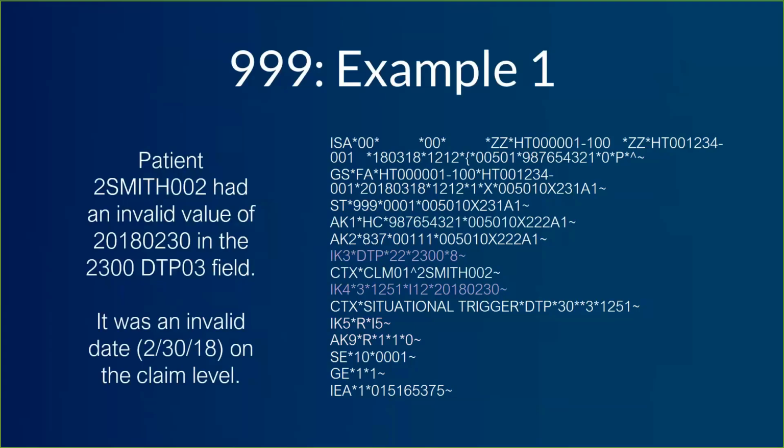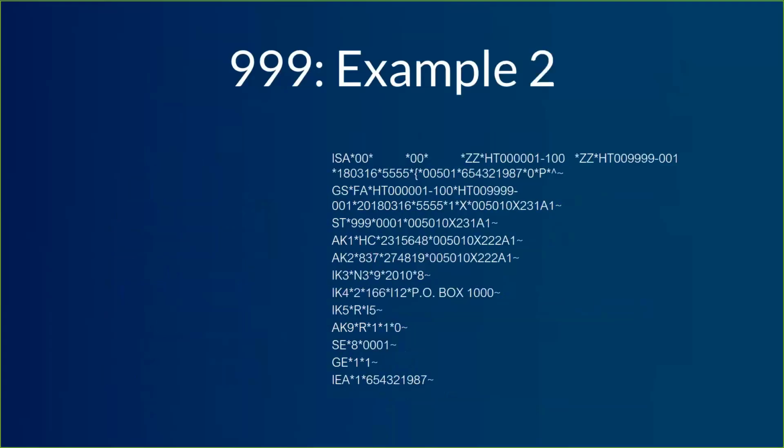All right, let's try another example together. So again, we're going to go through the same steps. We're going to start by finding the status. We're looking about 2/3 of the way down for the IK5 and the AK9. And we see it's rejected. Okay, now we need to figure out which one. So again, we're starting from the top and going down until we find the AK1.